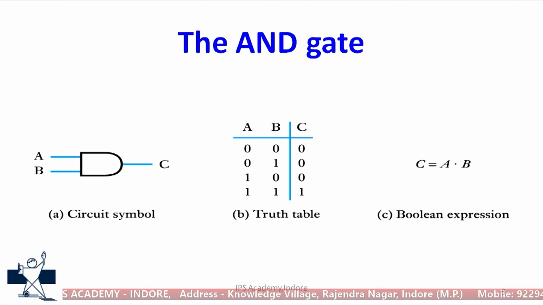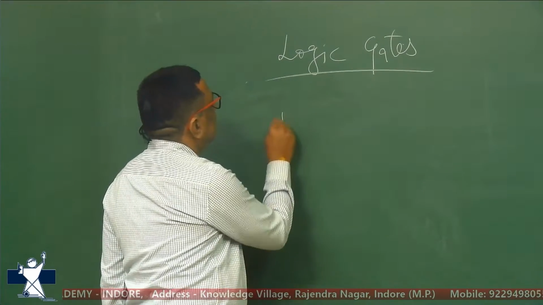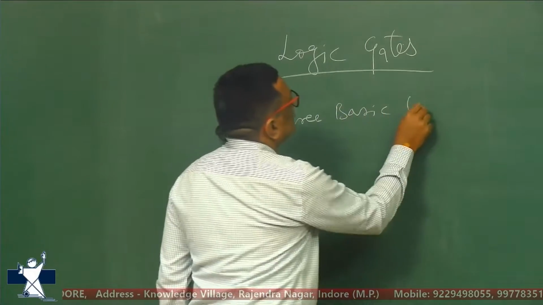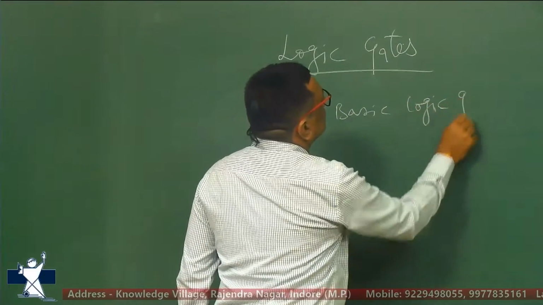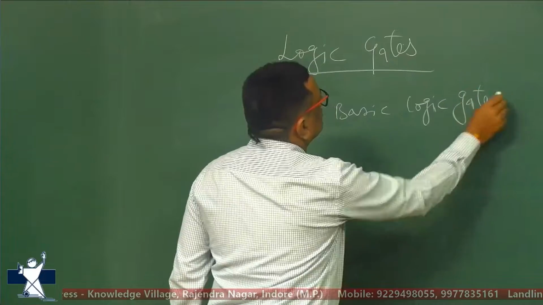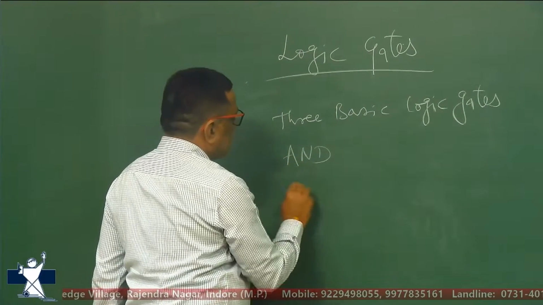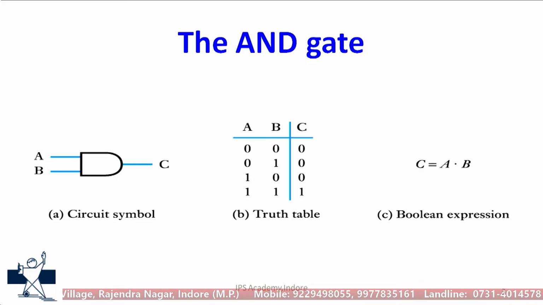There are basically three basic logic gates: first is the AND gate, second is the OR gate, and third is the NOT gate.